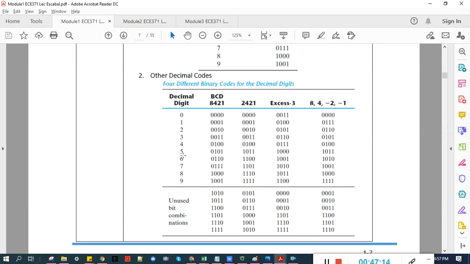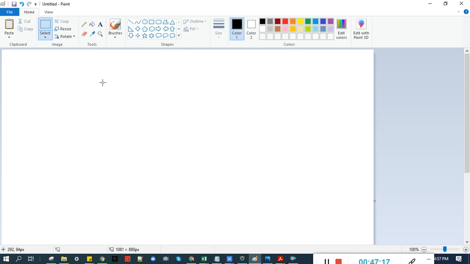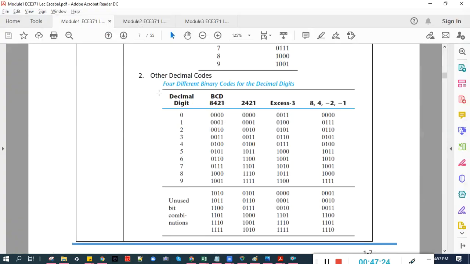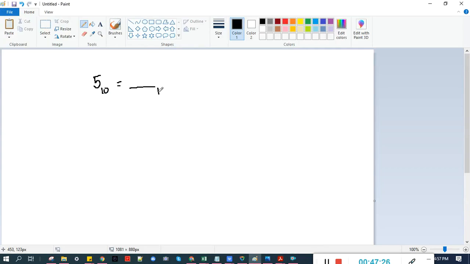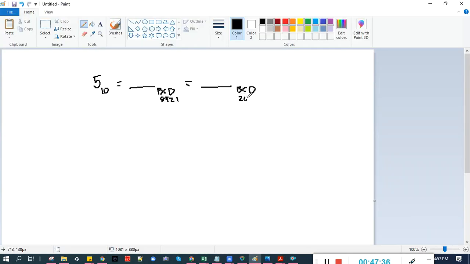Let's get 5 as an example. Decimal 5 is what in BCD 8421, and what is it in BCD 2421?